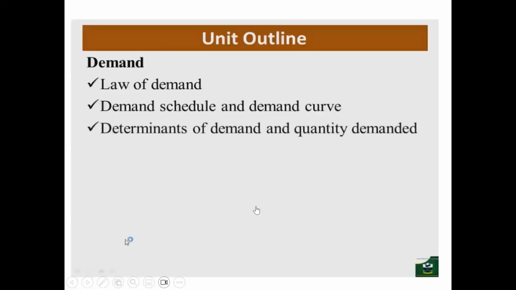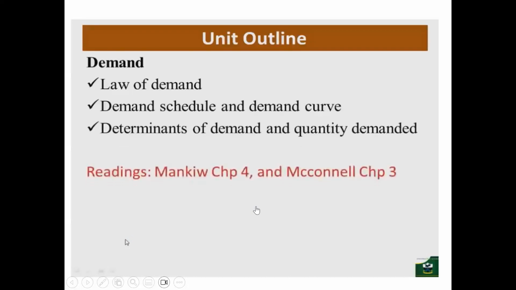And then we'll conclude by looking at the determinants of demand and the quantity demanded. And at this point, we are going to distinguish between demand and quantity demanded. For further readings, you can look at Mankiw chapter 4 and McConnell chapter 3.